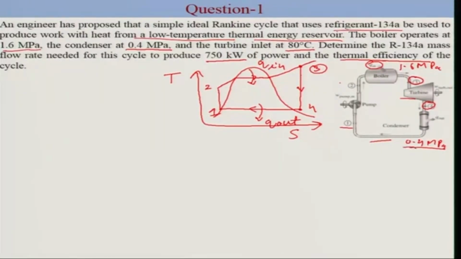Since pressure at state 1 is 0.4 megapascal, enthalpy at that state will be equal to enthalpy of the fluid at this pressure. Why? Because this is saturated liquid, so there is no vapor. So from the table A12 we get H1 equal to 63.94 kilojoule per kg.